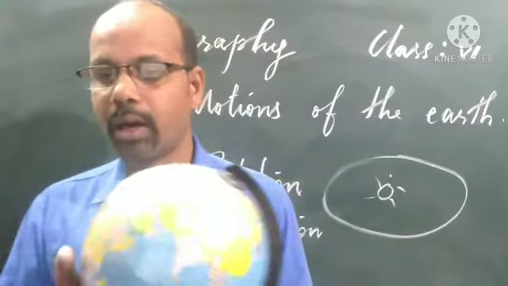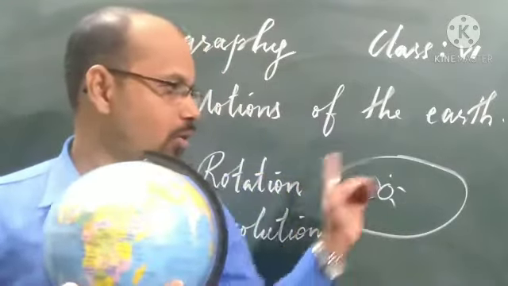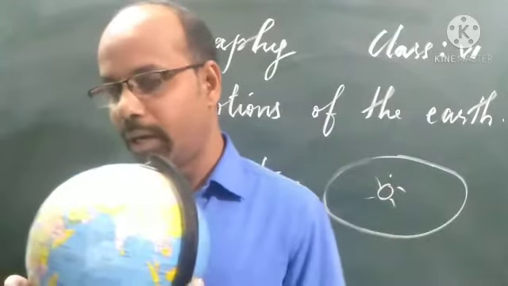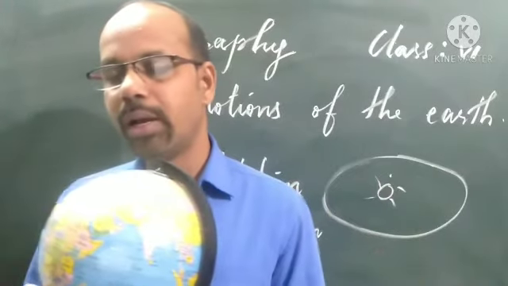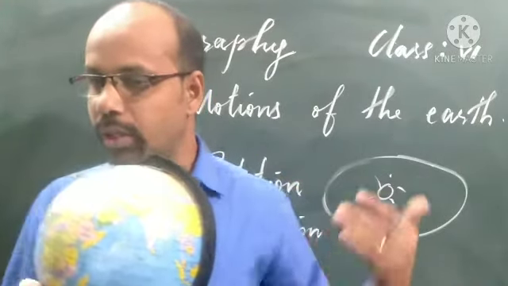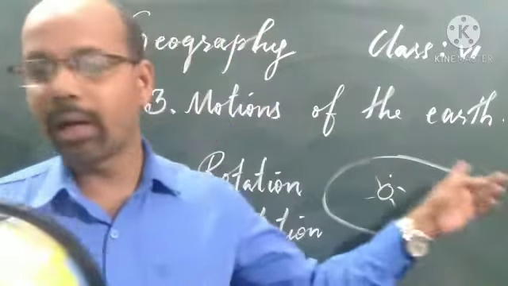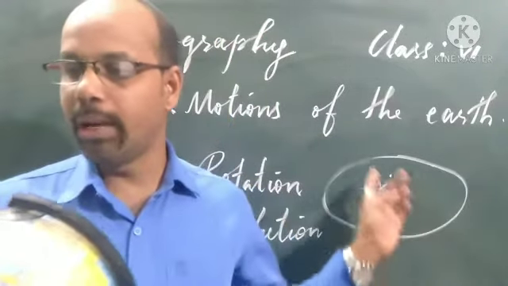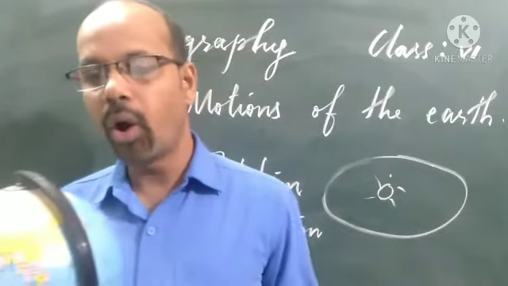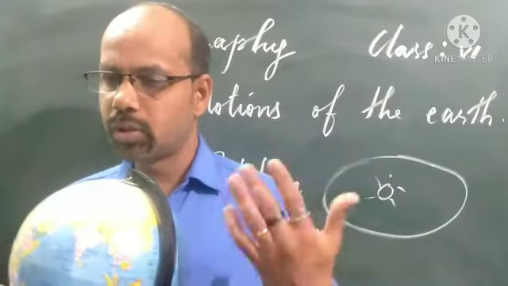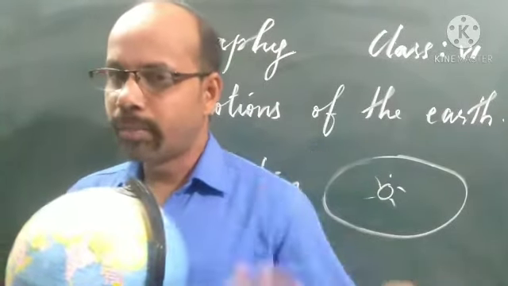Now we can find that this leap year occurs every 4 years. So it is clear that the earth is going around the sun in an elliptical orbit, or elliptical path, that is called the orbit of the earth. So here we can find seasons.